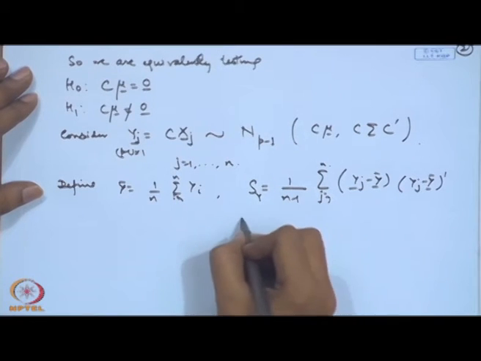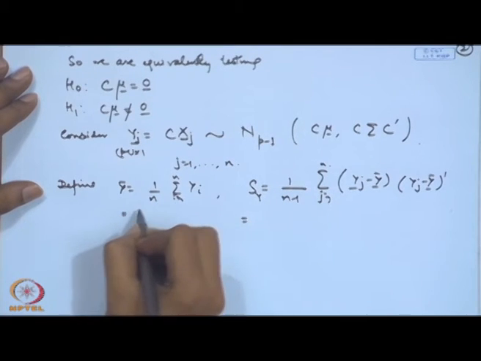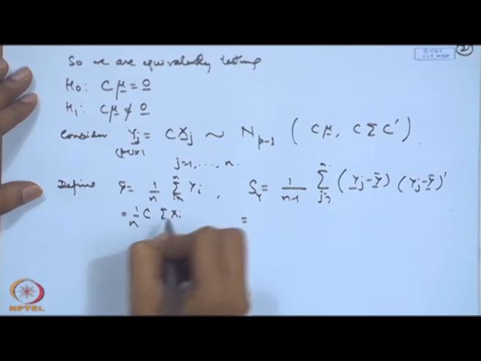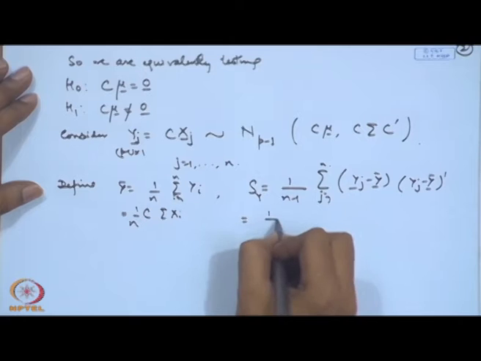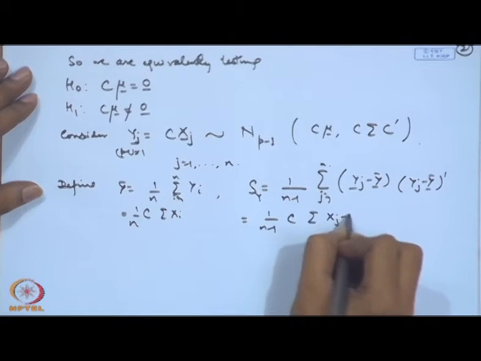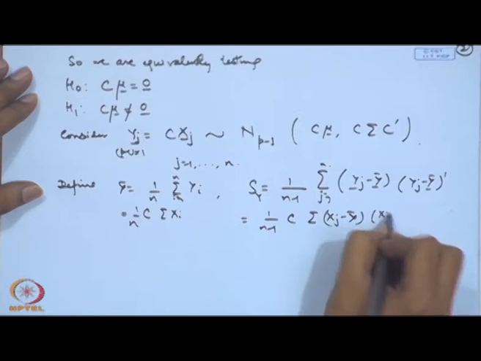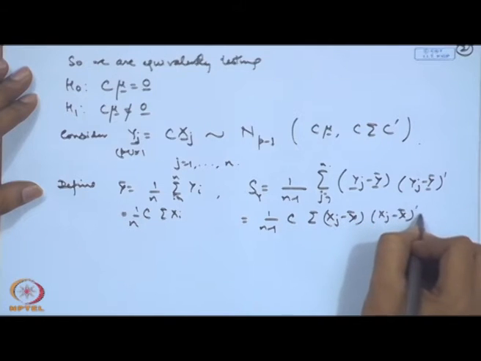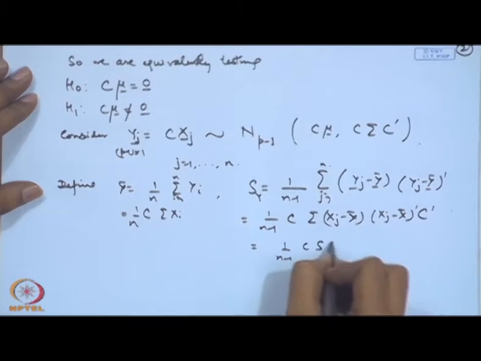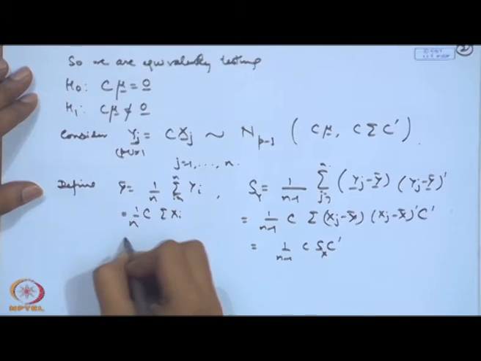In fact, it is nothing but, see this one for example, it is equal to 1 by n C times sigma x j, and similarly this one is 1 by n minus 1 C times sigma x j minus x bar, x j minus x bar prime C prime, that is actually 1 by n minus 1 C S C prime, where this S is based on x.